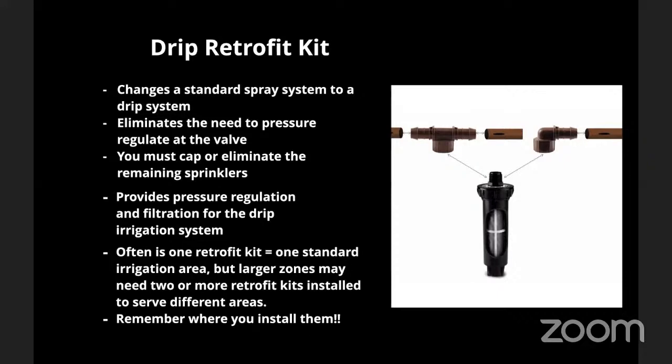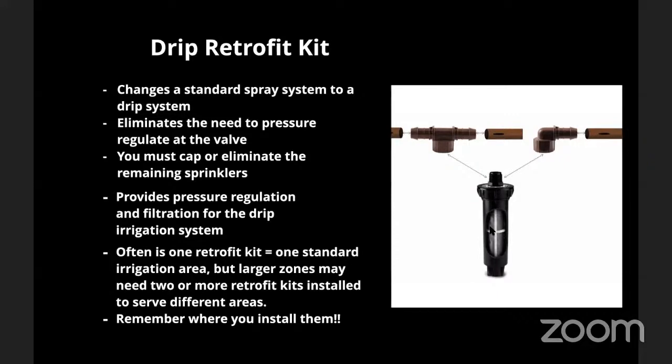That's crucial. I recommend putting some sort of rock, some sort of ornament in the garden, something where you will never forget where this is, even once the plants have grown in, once the mulch is laid down and all of that. I have definitely given advice to people who have used these to convert to drip. Everything's going well, and then 5 years down the road, all of a sudden, the water's not coming out.